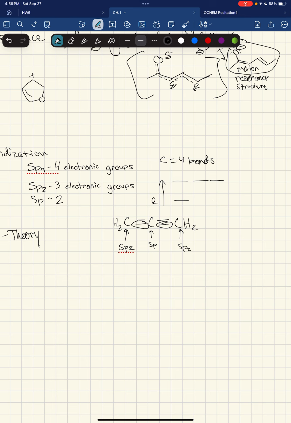So you're going to take 2 of these orbitals, because there's 2 sigma bonding things right here. And it's going to take 1 of these p orbitals and one of this s orbital to form these 2 hybrid sp orbitals.